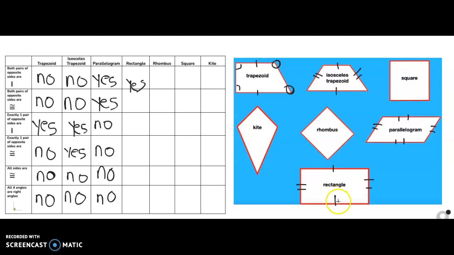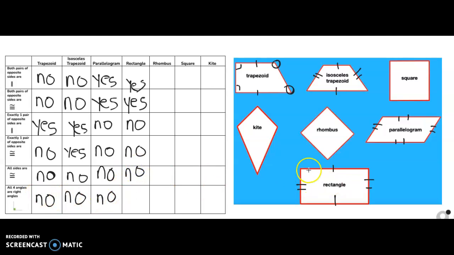This top and bottom line are congruent, and the left and the right side are congruent to each other. So this would be a yes. Exactly one pair of opposite sides are parallel. Nope, because I have two pairs that are parallel. One pair of opposite sides are congruent. Nope, there are two pairs, as I said before, so that's a no. All sides are congruent. No, they are different sides, so that is a no.